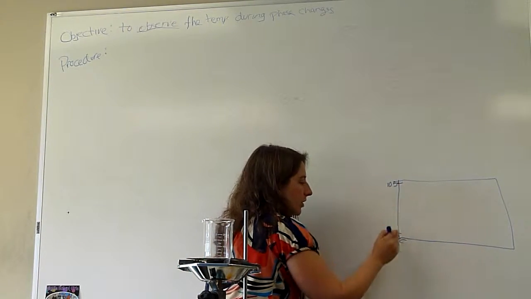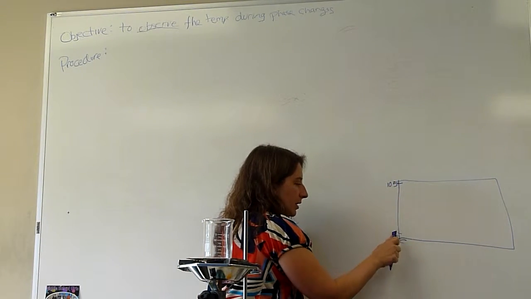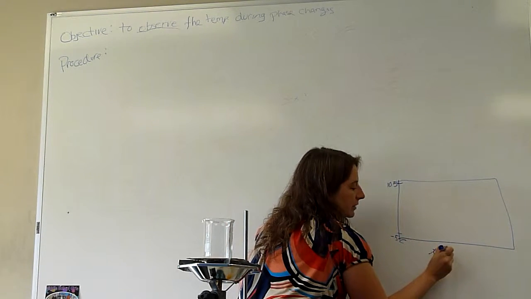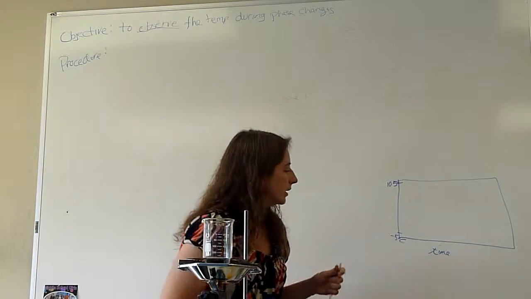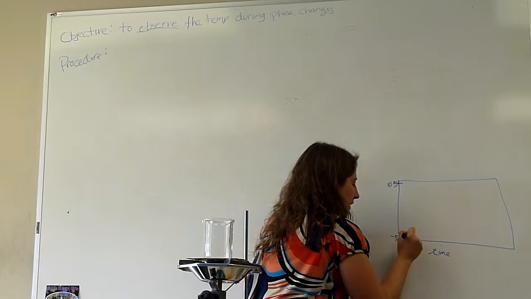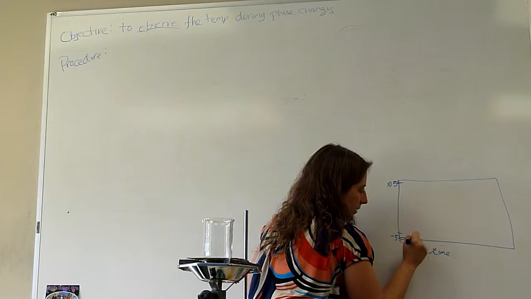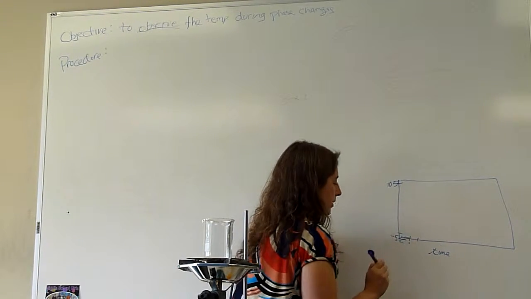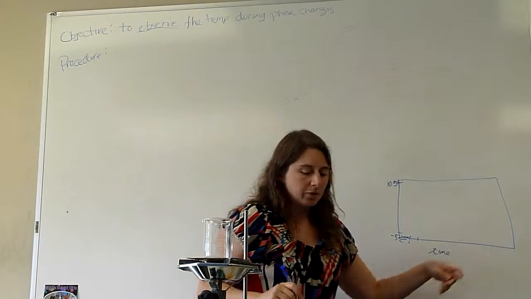So your range on the y-axis is going to be this at the absolute maximum. Your time, of course, we can't predict, so we can't draw in the graph and then fill it in. But you'll probably make 1 minute hash marks or 5 minute hash marks, but then you'll have points in between for every 30 seconds. And we'll see how long it takes.